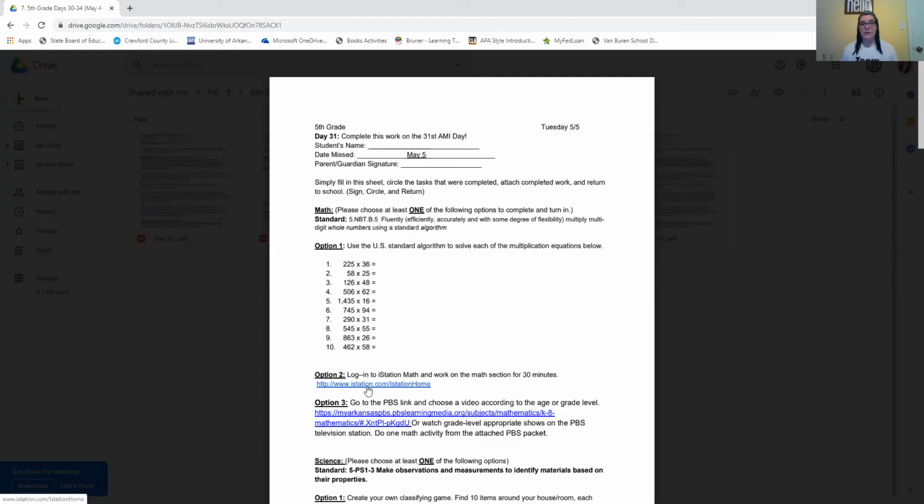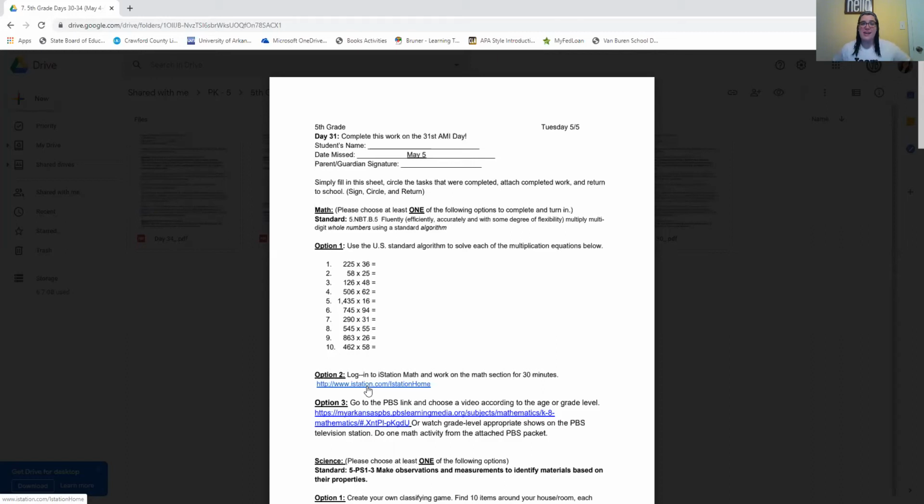Extra Math, and of course ST Math. So if you're completely done with iStation Math and you're just doing those activities at the end, I would suggest first and foremost to do ST Math. If you don't want to do ST Math, then consider Freckle Math or Prodigy or Extra Math, any of those. And if you need your password for any of those, just message me and let me know and I can get those for you.